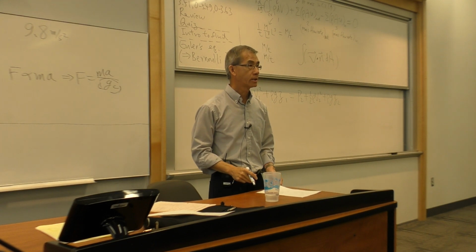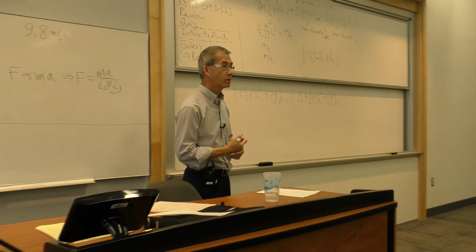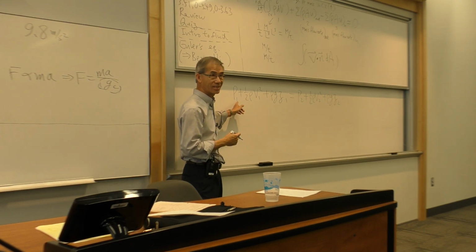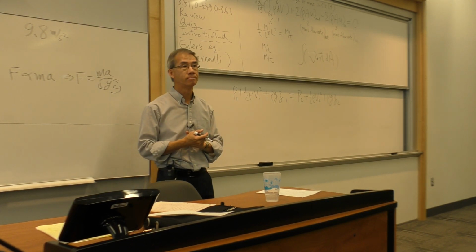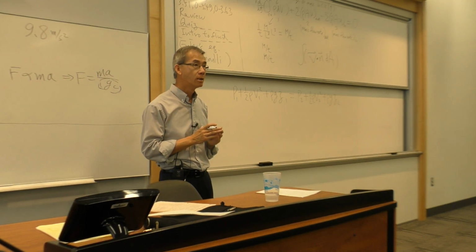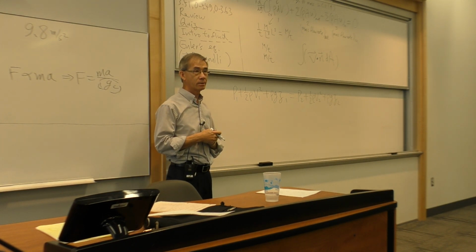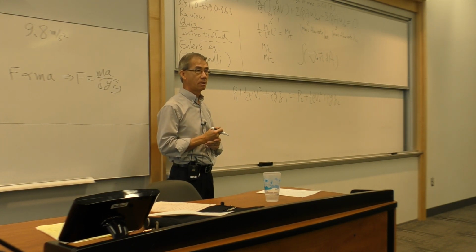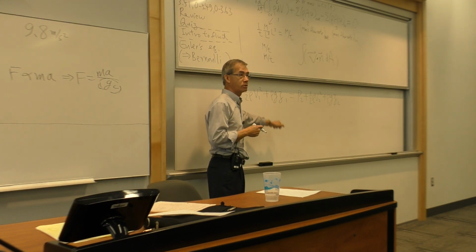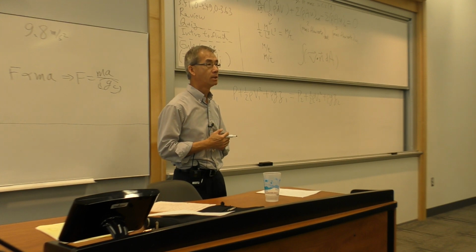What Bernoulli says is that along a streamline between 2 points, there has to be a relationship between the static pressure, which you know how to measure with the pitot probe, and the dynamic pressure, half rho V squared, which is a function of the speed, and the gravity term, rho g h, the pressure due to gravity.